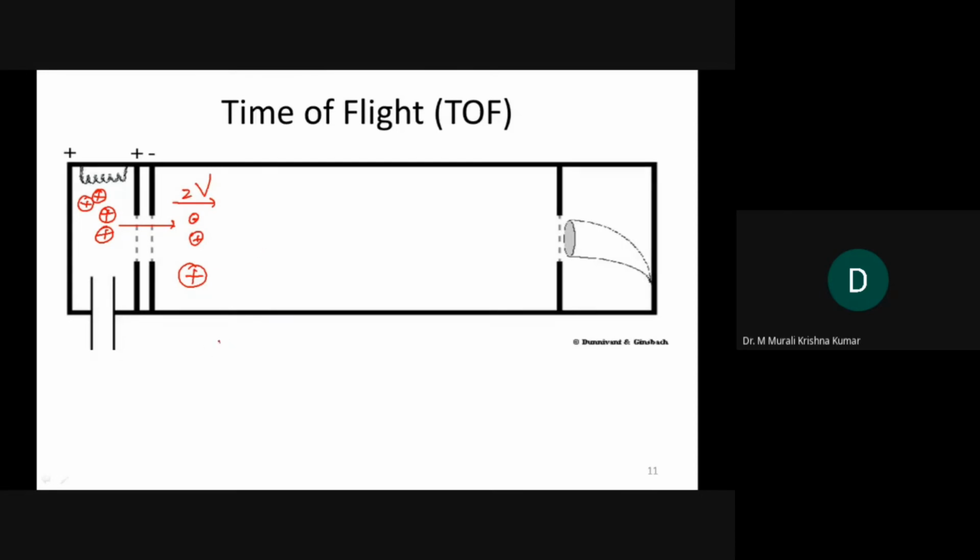The kinetic energy formula is half m v square is equal to z V. This is the energy that is provided to each of the ions.